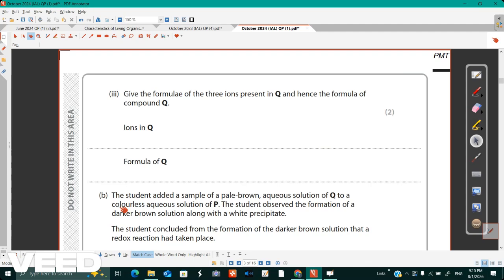Give the formula of the three ions present in Q and hence the formula of compound Q. So we have identified Q, hence the formula.